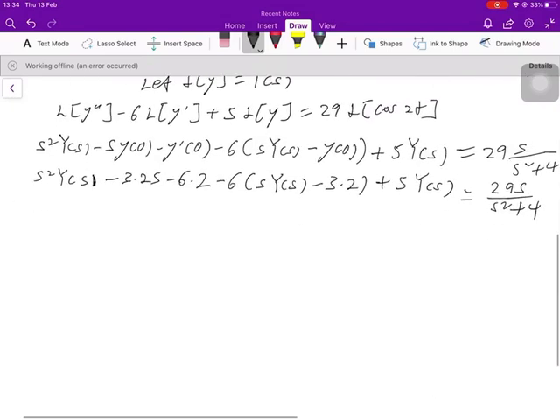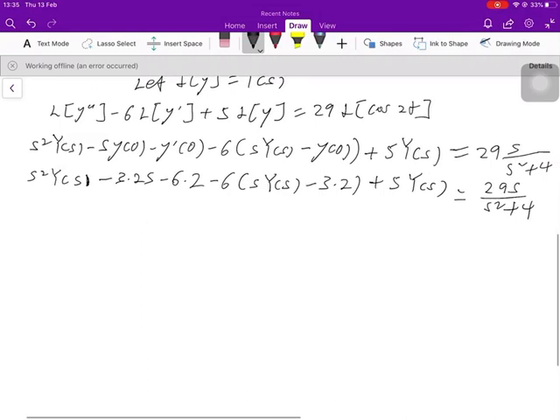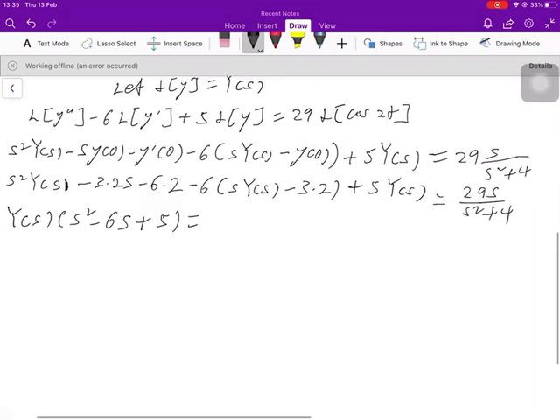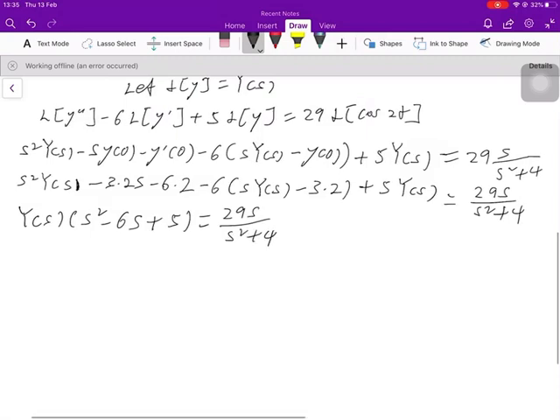Right, so now we are going to simplify this. We want to accumulate the Y of s on the left hand side. So this Y of s is multiplied by s squared minus 6s plus 5, and this should be equal to 29s divided by s squared plus 4.